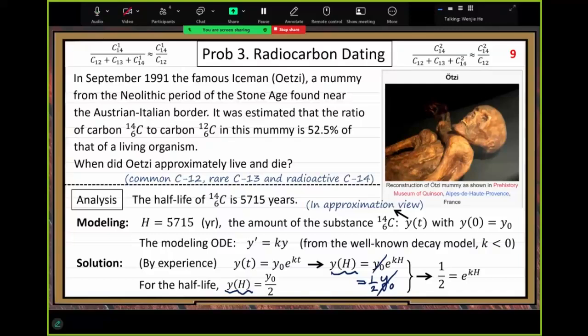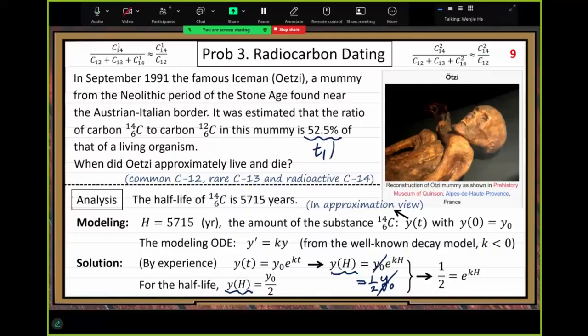Now, T1. Because of this percentage, 52.5%, we need to find the approximate age, and for that age we use T1.